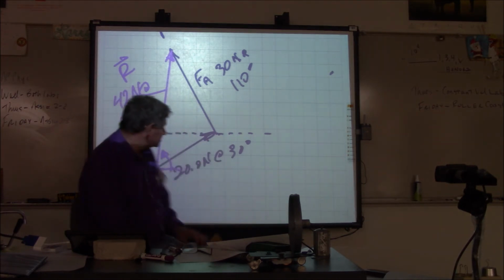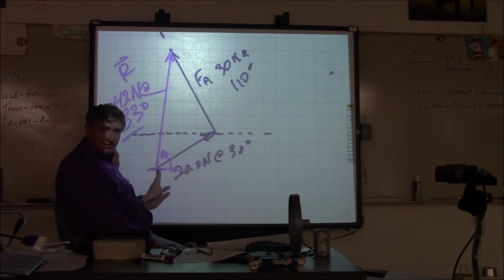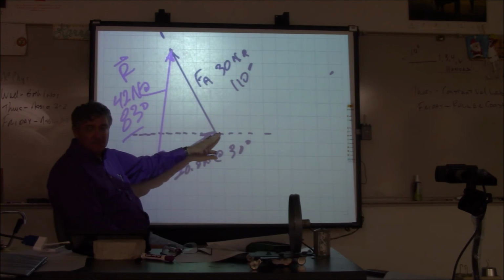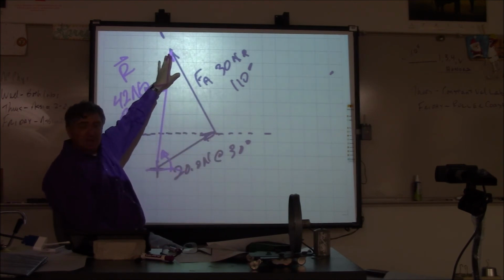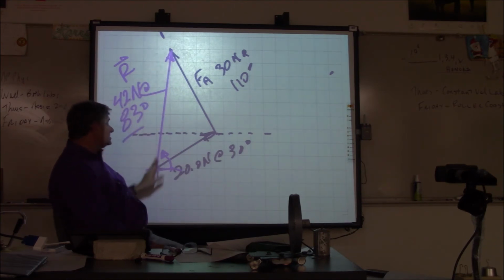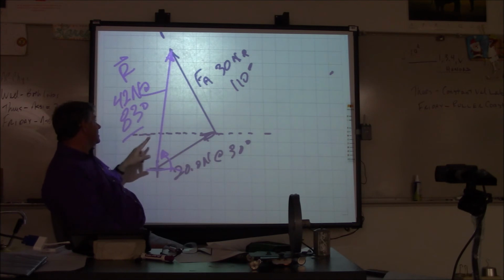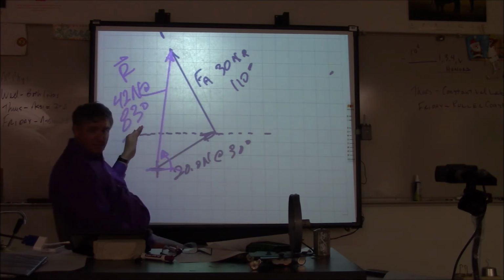So here's what's most important. Again, if you go with the steps analogy, I started here. I'm going to take 20 steps at 30 degrees. I'm going to stop. I'm going to go left. I'm going to go 30 newtons at 110 degrees. And I'm here. Ellie Canizzo has to give me a bag of chips. So she's going to take 42 steps at 83 degrees.